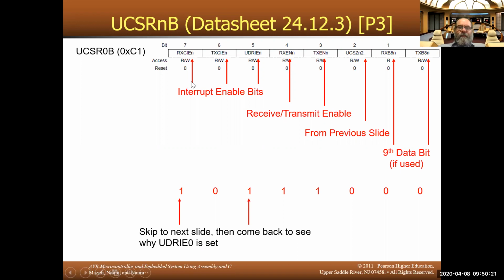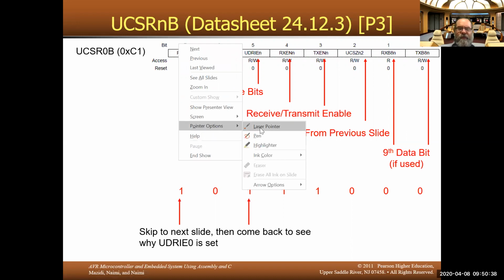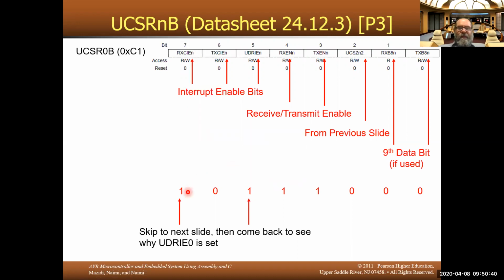Our interrupt enable bits, we're going to initially set the receive. Going to initially enable the receive, and say that the UDR interrupt, enable this interrupt.